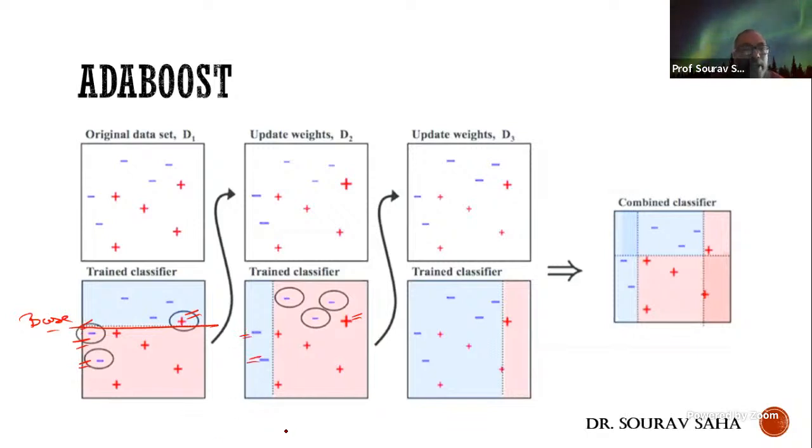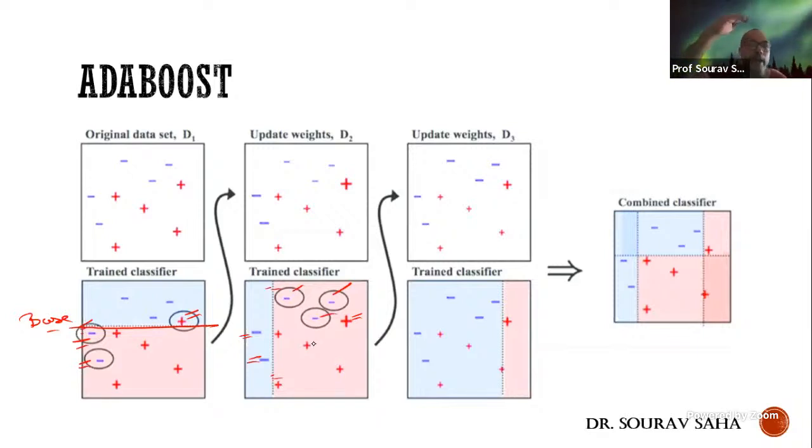Once again, I fit a weak learner on this. This is a weak learner. On this side of the weak learner, the negatives are there. But on this side, both the positives as well as the negatives are there. So where I was expecting only the positives, the negatives also have come in. So this one and this one are incorrectly identified.